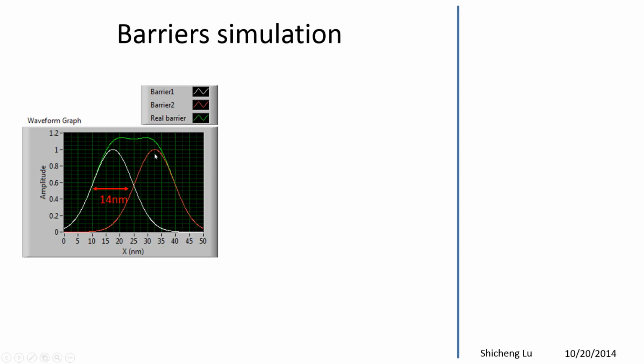Separation is 15 nanometers, which is exactly the same as we create for our device. When we add these two peaks together, we get a relatively flat barrier, which I think is the origin of our quantum point contact.